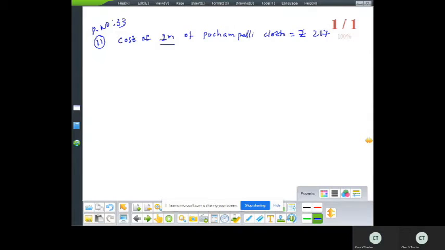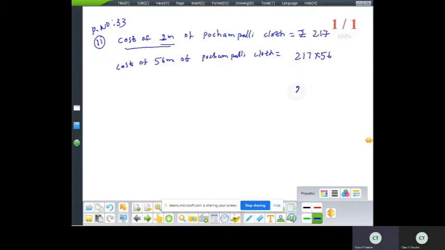Cost of 56 meters of Pochampalli cloth. The cost of 1 meter is 217. Now the cost of 56 meters means 217 into 56.